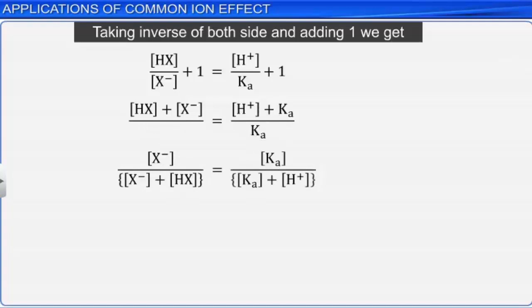At a given pH, if the solubility is taken as S, then Ksp is equal to the product of S and FS.